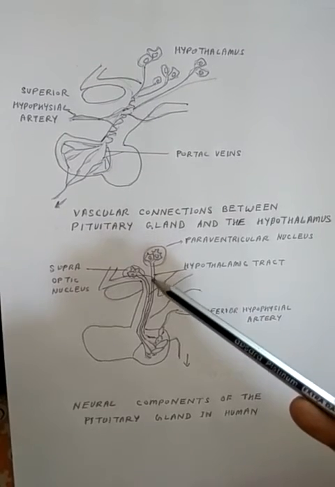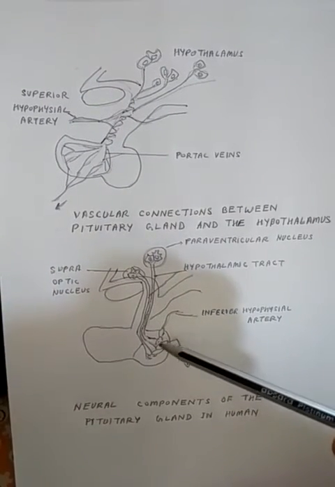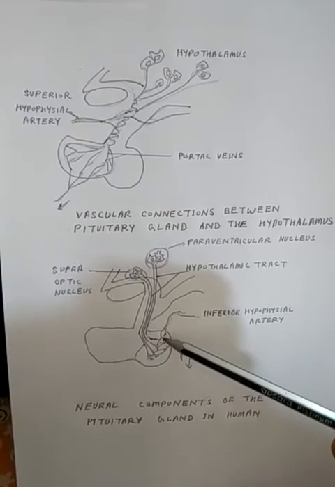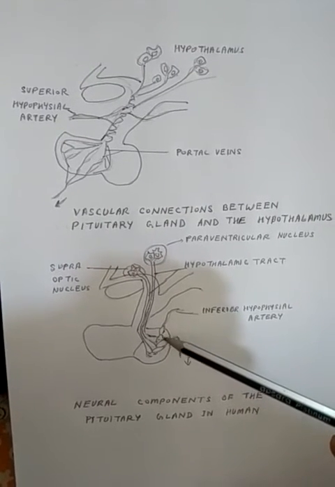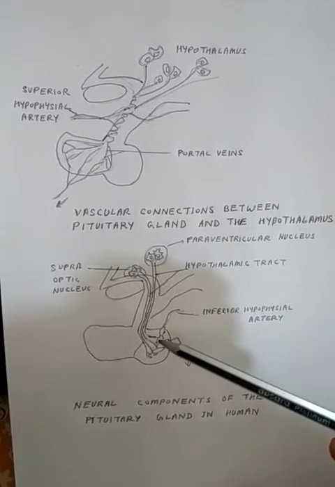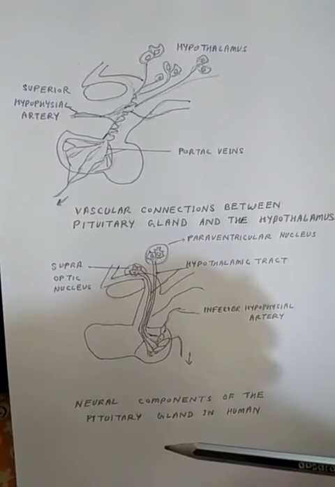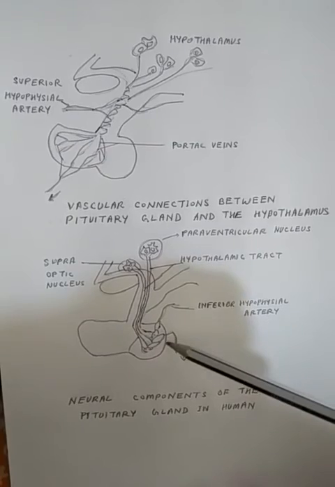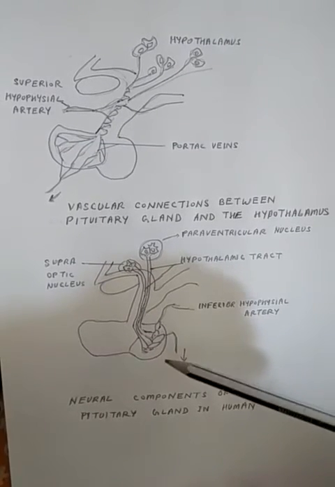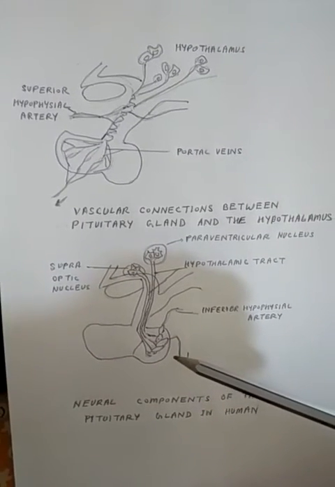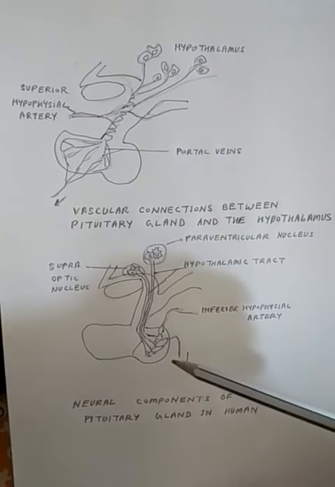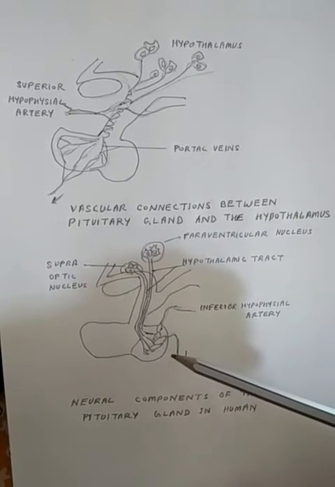The posterior pituitary stores those hormones produced by the hypothalamus, and when it gets the signal it releases these hormones. So in the next class we will discuss the different types of hormones that are produced by the pituitary gland.